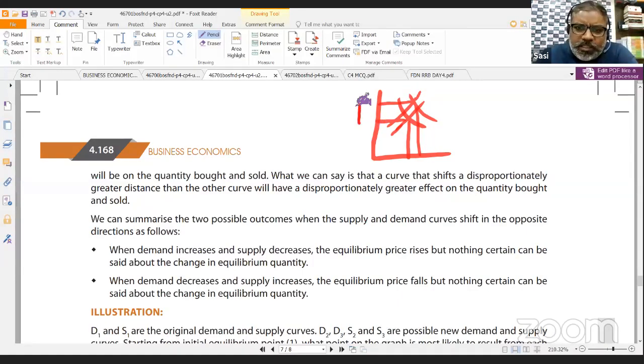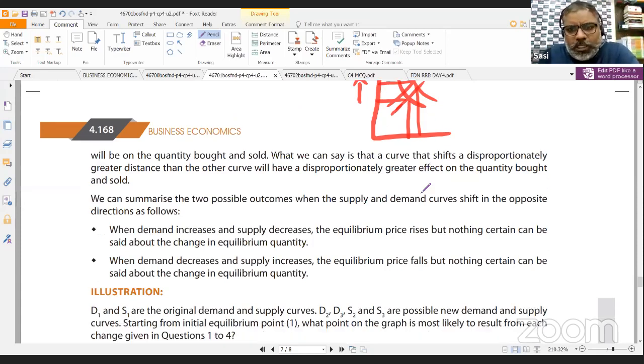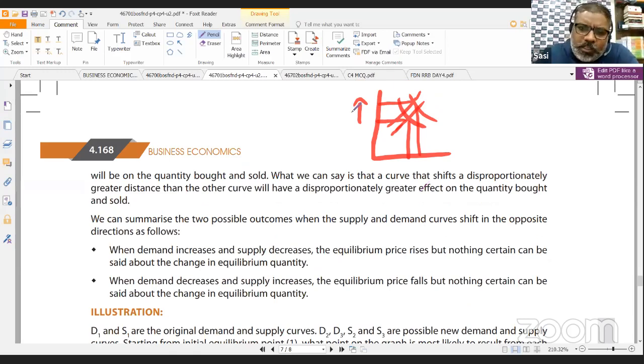So what happened here? Once again, price is guaranteed. Price definitely increased. When demand increased and supply decreased, price definitely increased. What happens to quantity? That we don't know. That happens because of 3 different scenarios: whether the increase in demand is more than the decrease in supply, or equal to the decrease in supply, or less than the decrease in supply.